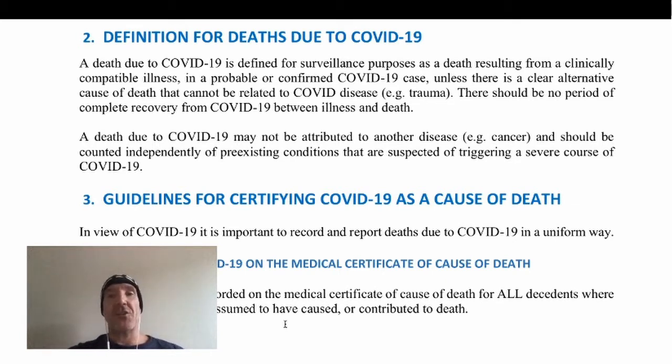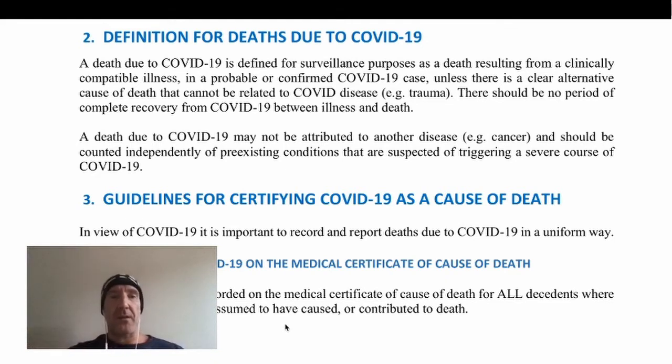This last passage is probably also not very easy to deal with, because let's say you have somebody that is in the terminal stages of cancer and then dies of, by this definition, COVID-19, then this would mean that the person recovered from cancer to then die of COVID-19. So we're taking somebody out of one statistic and putting them into a different statistic.